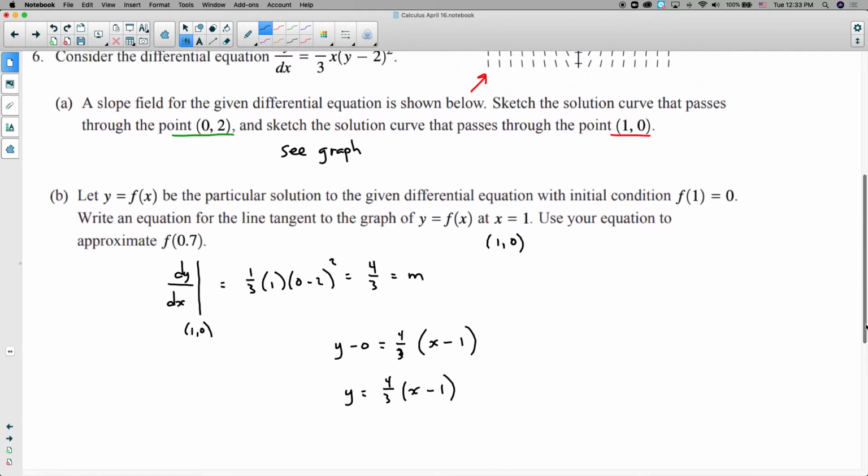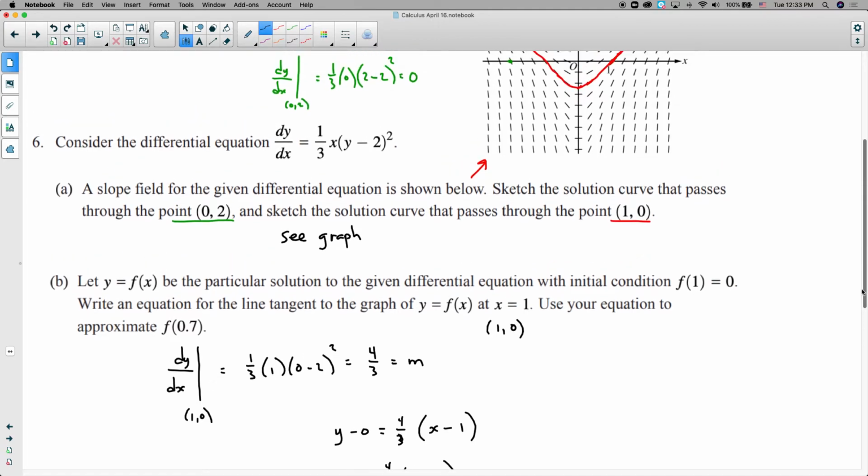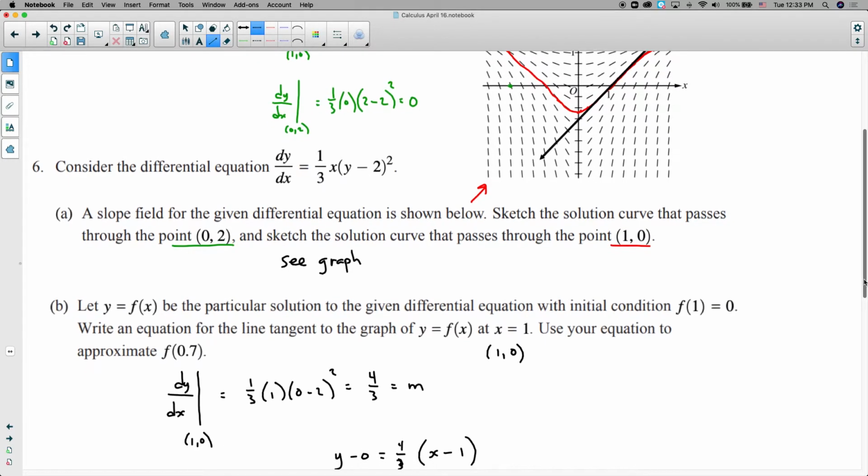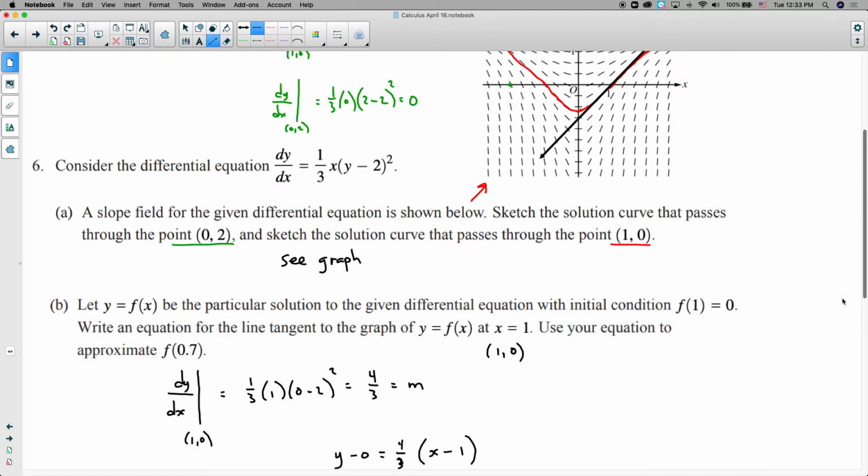Okay, so then we have a scenario where, I think it's probably best to go back up to the picture. Okay, so we have a scenario where we just found this line, its equation. So that's 4/3 times the quantity x minus 1. Okay, so we're now to use that equation to approximate the function up there in red that we don't know the equation of, but we've drawn it nonetheless, at 0.7.